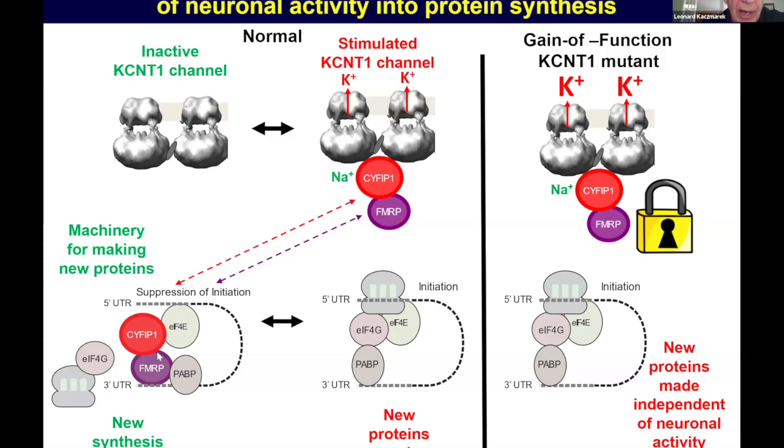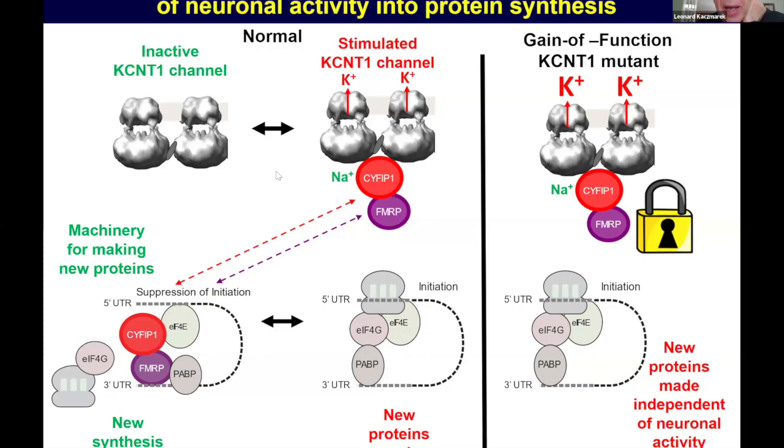They bind to a protein called EIF4E, the initiation factor 4E, and when they're bound, they prevent the initiation of translation of messenger RNAs that are bound to this complex. When you stimulate these channels, we can do this a number of different ways, there is a translocation of these two regulators of translation away from the initiation complex to the channel itself.